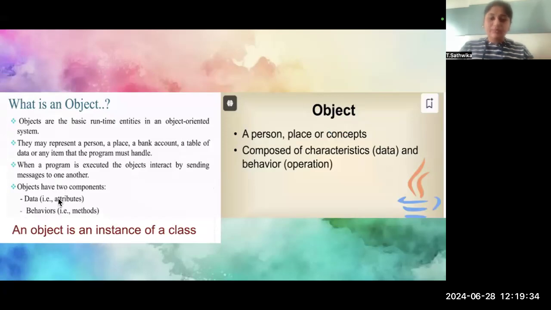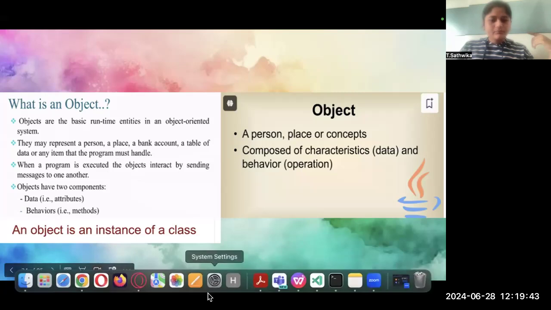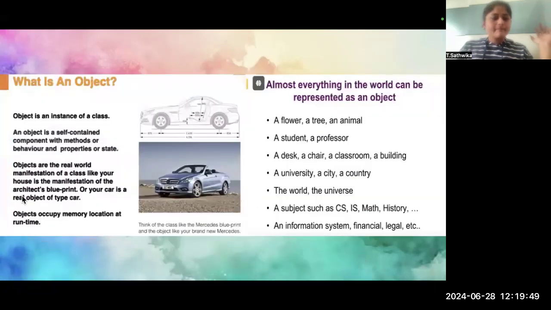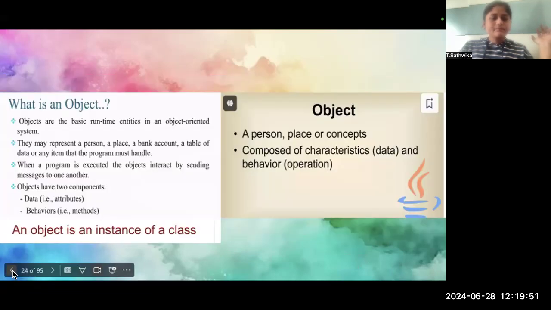Data is attributes and behavior is nothing but the methods. An object is simply defined as an instance of a class. So an object is a person, place or concept, and it is composed of characteristics like data, and it has its own behavior, that is operations.